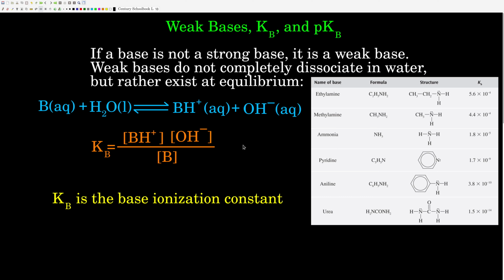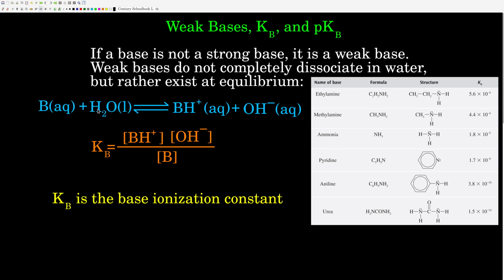This is going to be some compound that ends in nitrogen with 0, 1, or 2 hydrogens on it. So ethylamine, methylamine, ammonia, NH3, pyridine, that has nitrogen, no hydrogens on it, aniline, urea. These are just examples. There are literally thousands of them.